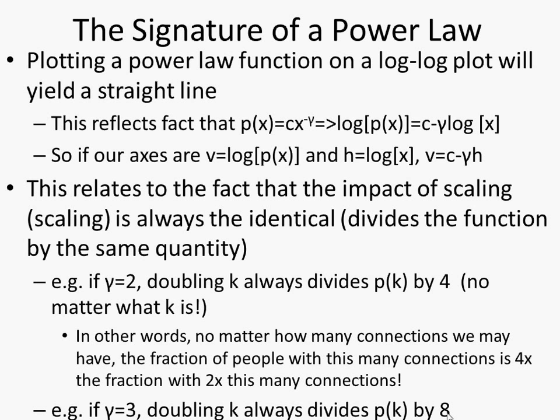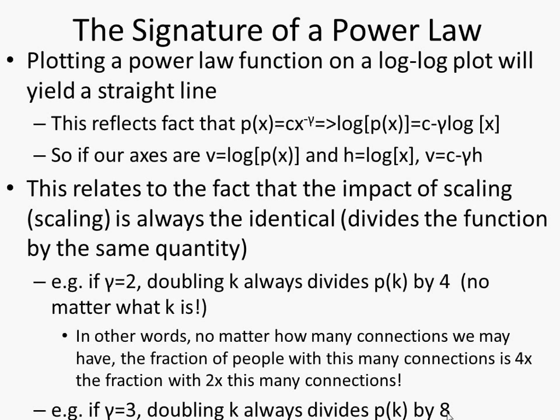And so if you take the log on both sides, right, log of left, log of right, you get log of that equals c minus gamma times log of x or k. And so if you choose as your axes on a log-log plot, this as your vertical axis, and this as your horizontal axis, you get a straight line. You get an equation for a straight line. Hence the straight line on the log-log plot that we saw.